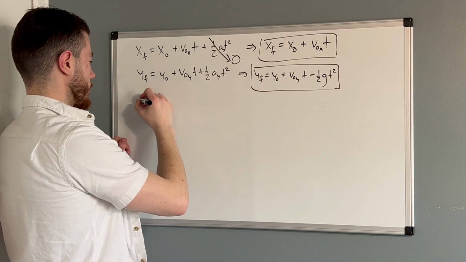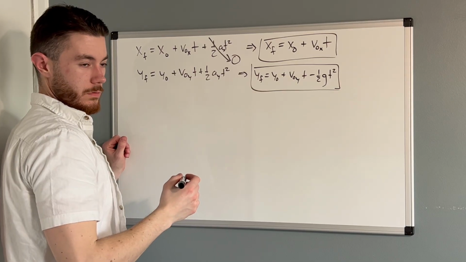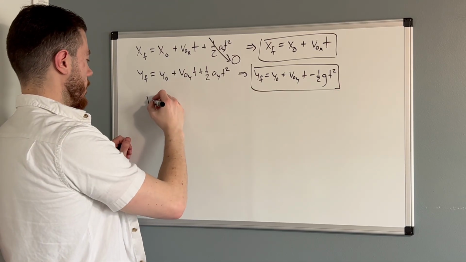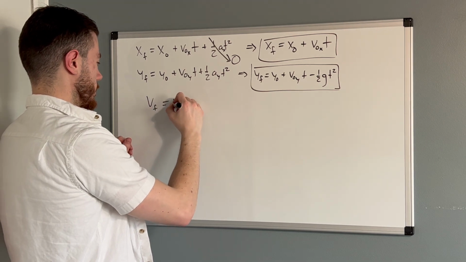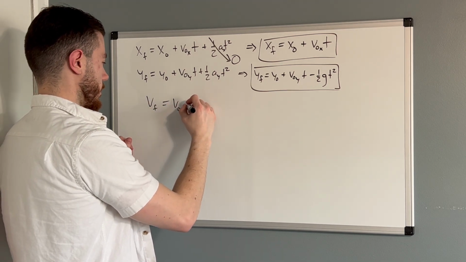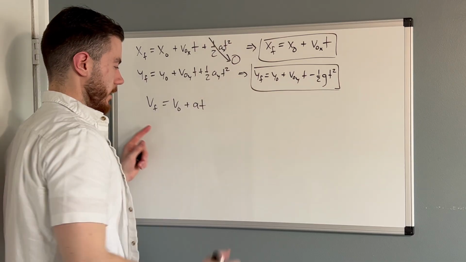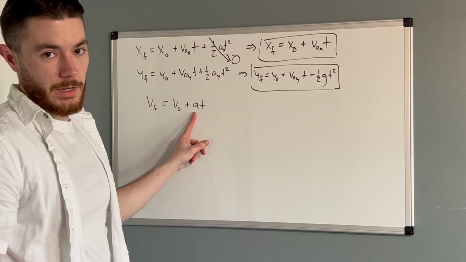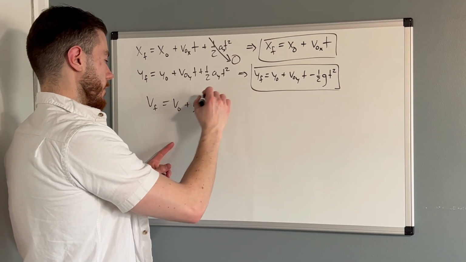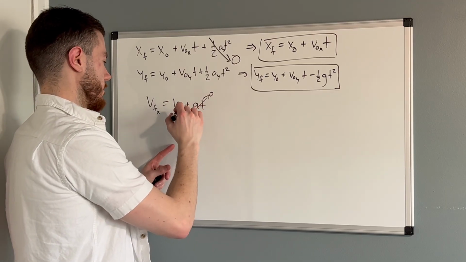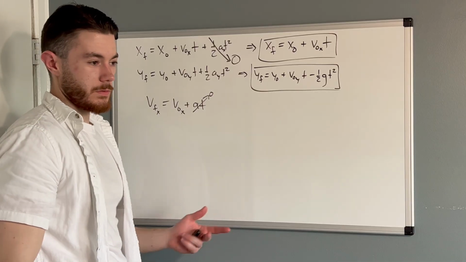Here are two of our projectile motion equations. Let's go back to our first one. Vf equals v naught plus at. Like I said, acceleration in the x direction is often 0. So this would be 0 for x, saying 1 equals 1. It's a tautology.